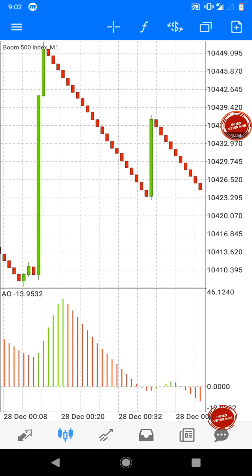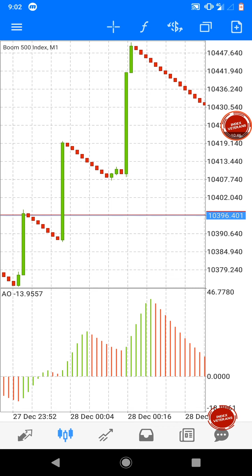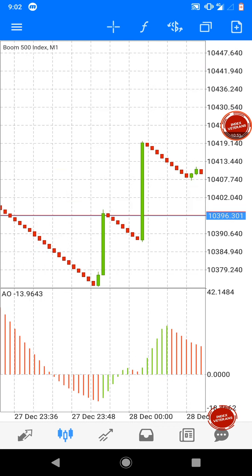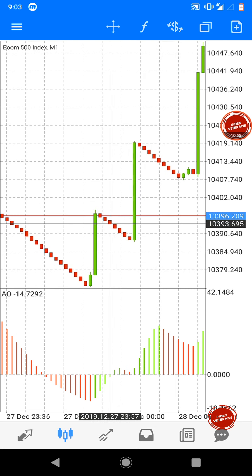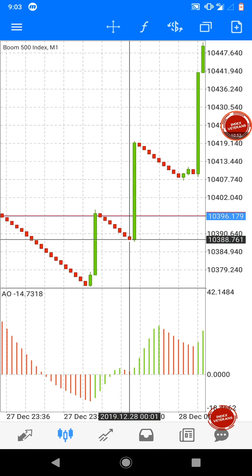I mean, you can use any lot size according to how much losses you think you can hold, because usually, let's say here I bought, it will sell, so you'd be in losses.